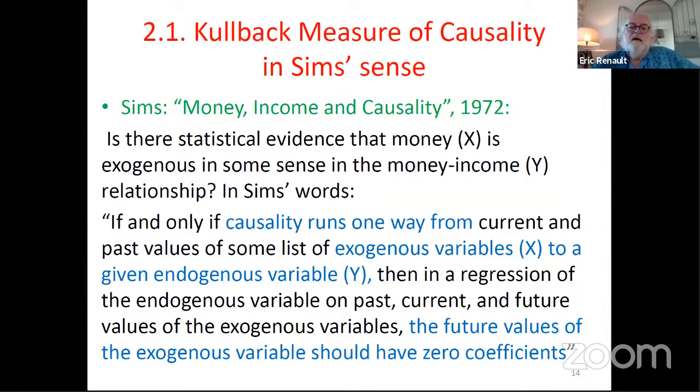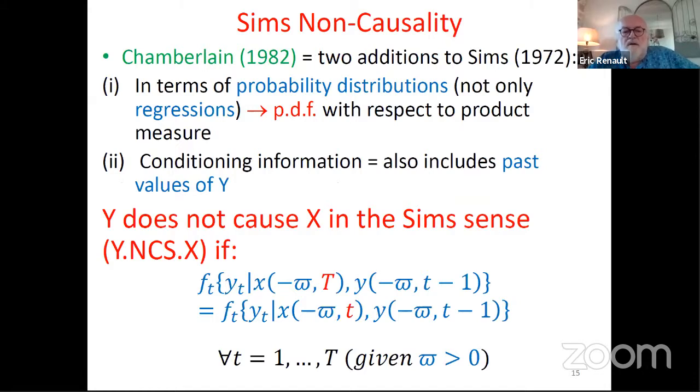It is interesting to think about measuring this causality in the sense of Sims. To do that, I will be more parametric than I have been so far. I will write a model with a likelihood function. I will say that Y does not cause X in the Sims sense, so Y LCS X.